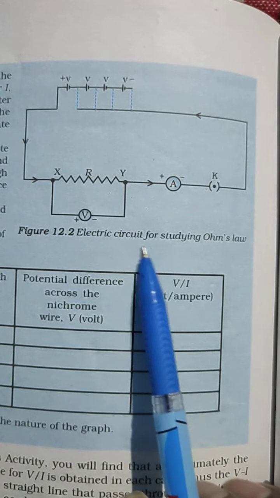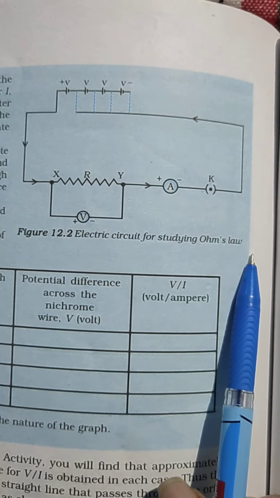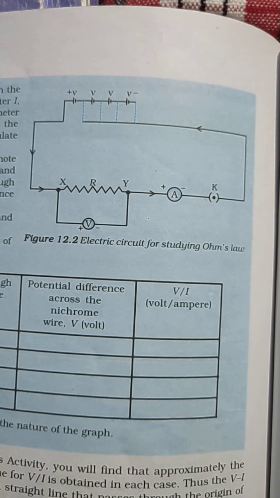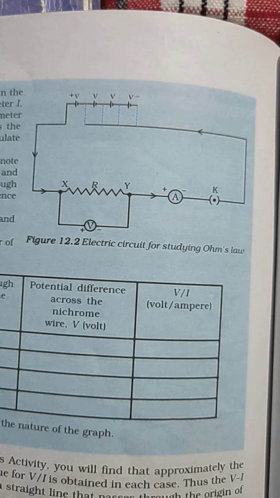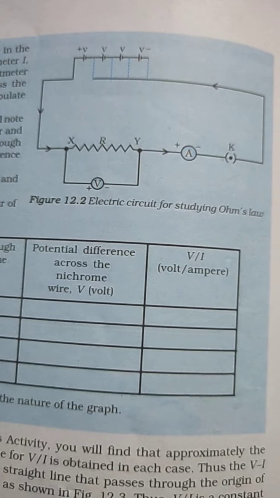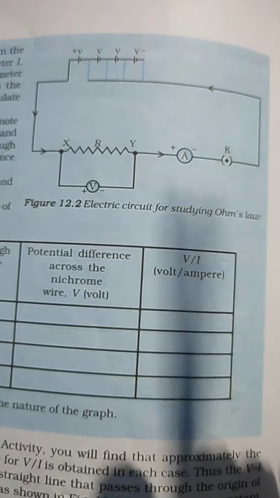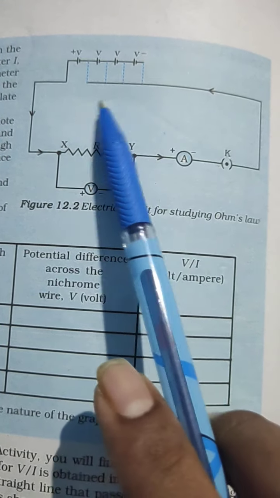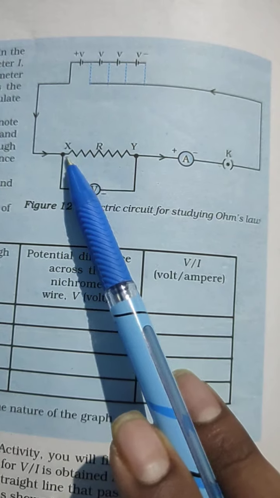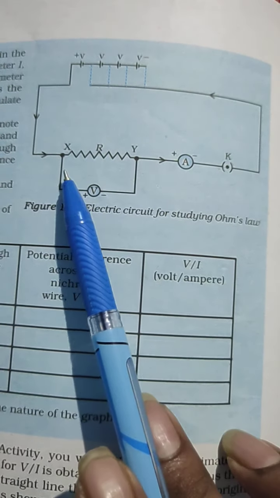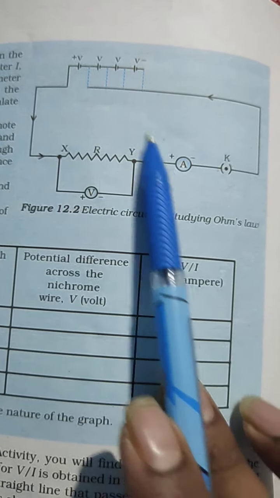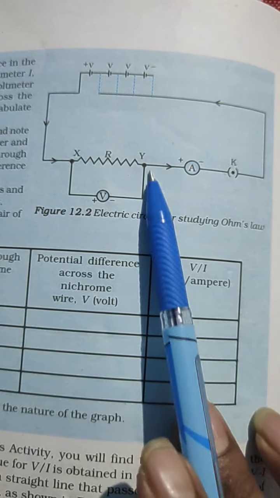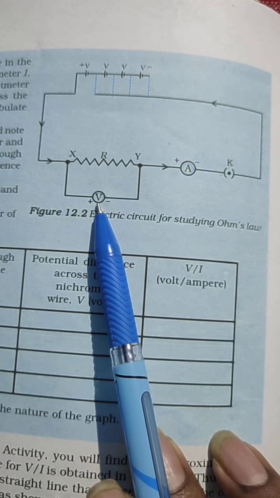And this is an electric circuit for studying Ohm's law. So this is an example of an electric circuit. Student, in this circuit diagram, this is a combination of cells, and these are points X and Y. Across X and Y the resistance R is joined, and here the voltmeter is joined.